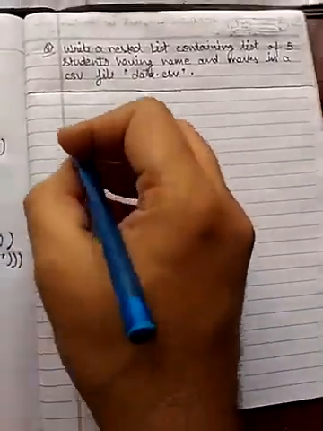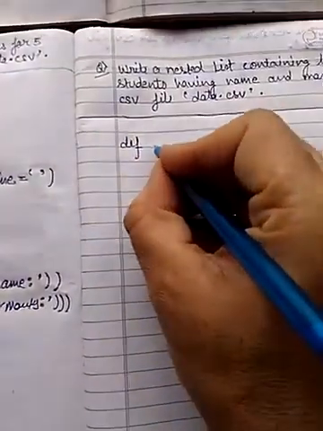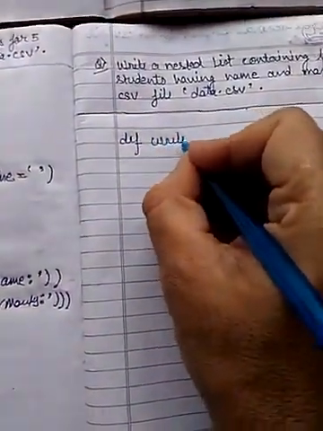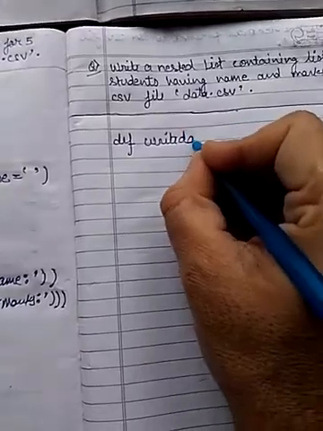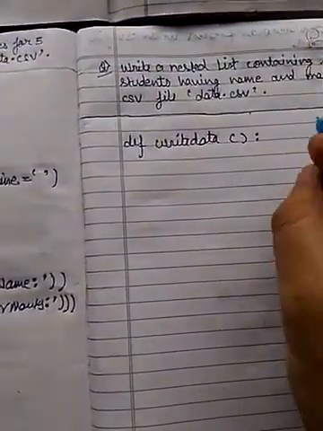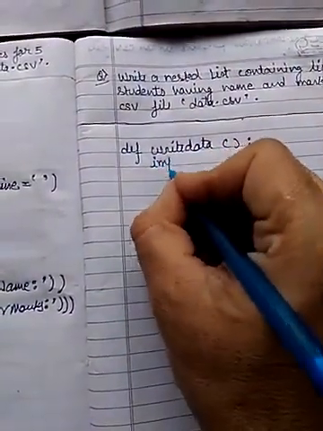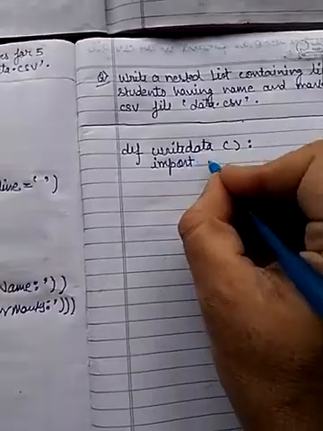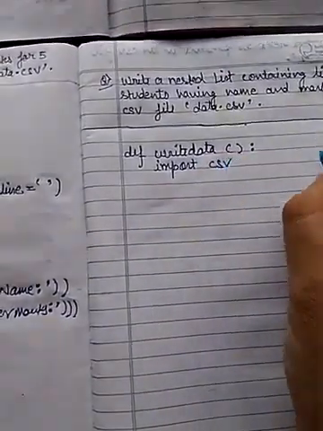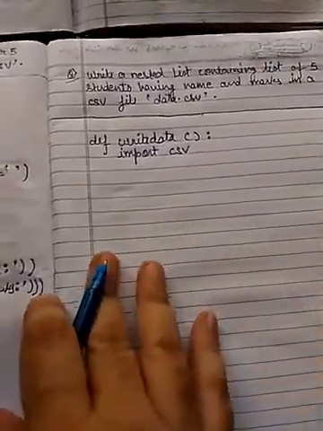Now let us define the function. def write_data. First you need to import the CSV package. Import csv. Now you have to open the file.